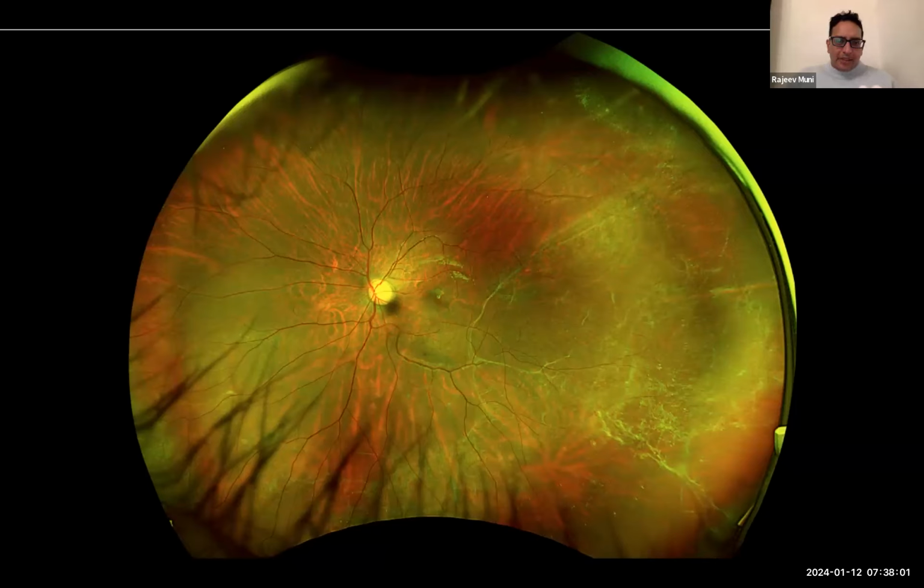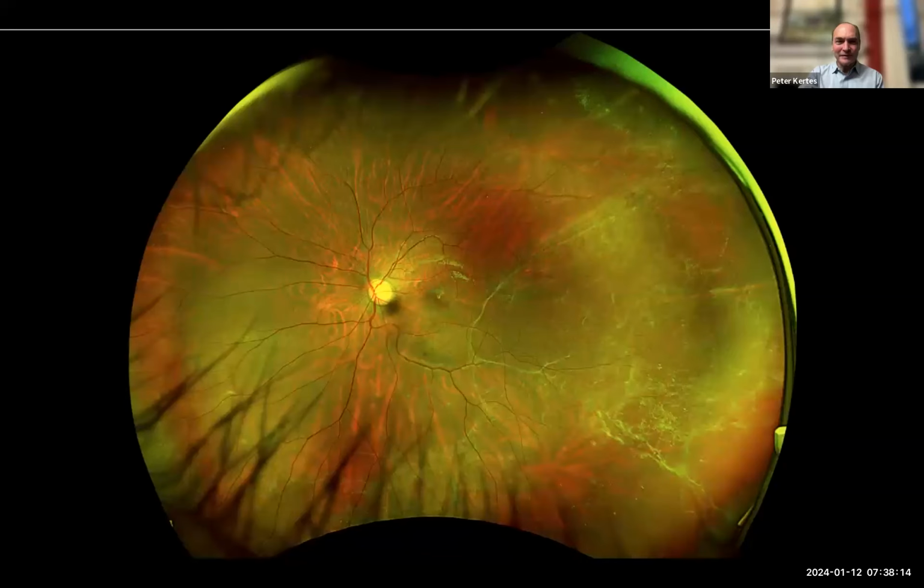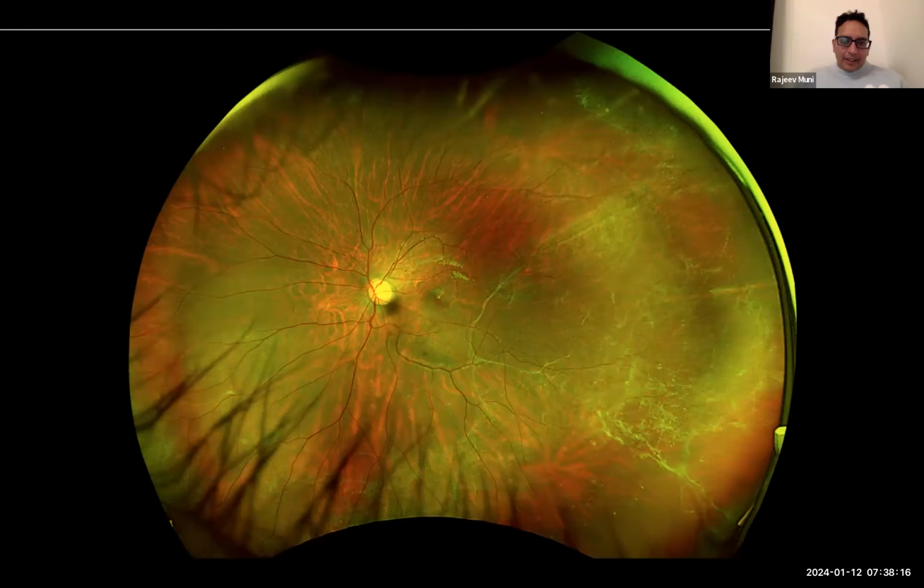I can't remember the specifics of why I didn't do a pneumatic in this case, but she's obviously got a chronic detachment, and you can see lattice at around 1 o'clock, but the Optos probably doesn't capture everything. Exactly. Just based on the location of the breaks, we didn't attempt a pneumatic first line, and in a case like this, there would have had to be fluid and holes inferiorly, like at 5:30, 6:30, for me to have not done a pneumatic here. Rajiv, this is like heresy after hearing your talk at the ASRS.